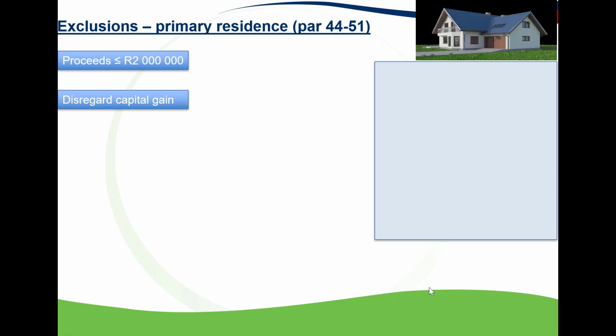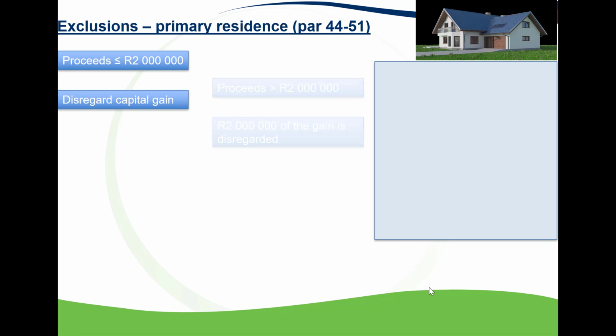So where a taxpayer disposes of their primary residence for proceeds not exceeding 2 million, they will disregard all their capital gain, but there are certain rules, which we will discuss later on, that apply in terms of interrupted residences or where a portion of the primary residence is used for trade purposes. But we will get to that just now.